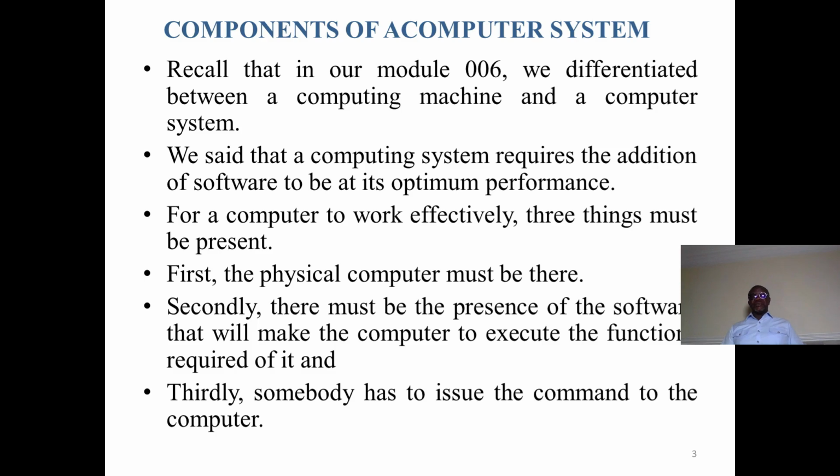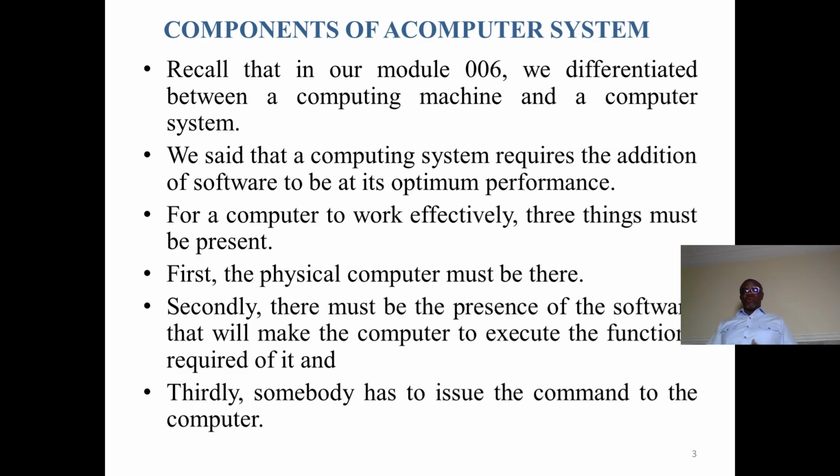So let's quickly recall that in our Module 006, we differentiated between a computing machine and a computer system. We said that a computing system requires the addition of software to be at its premium optimum performance.